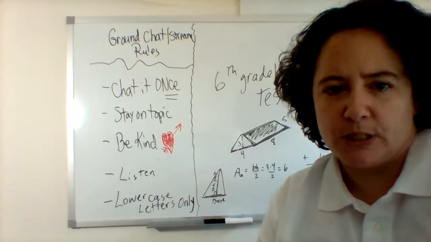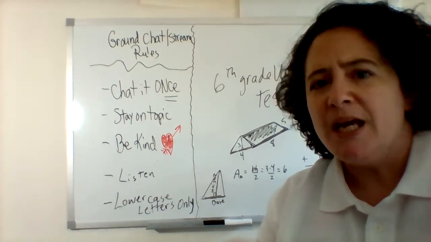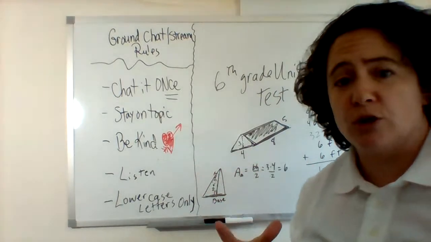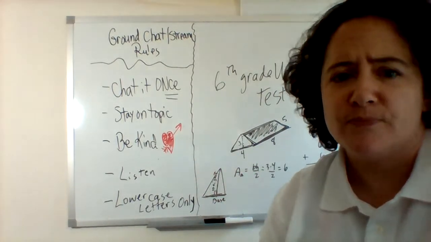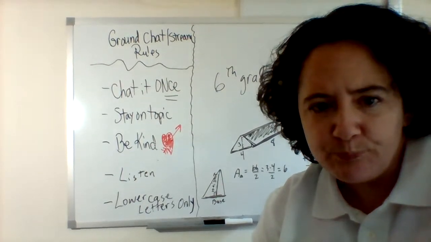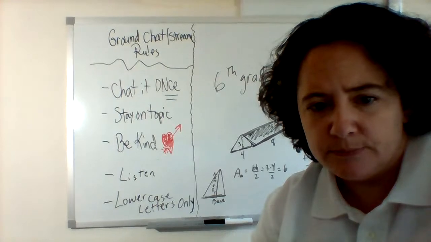Select the net that represents the figure. Triangular prism. If it's a triangular prism, it should have two triangular bases, front and back. Definitely.